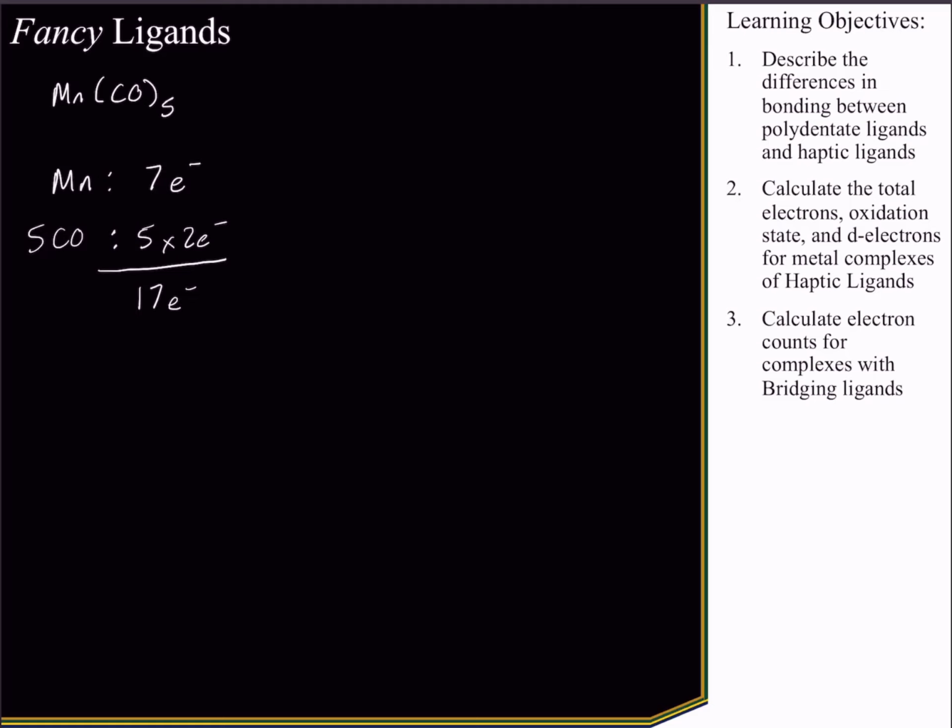And as it turns out, this manganese pentacarbonyl reacts a lot like a free radical, right? So think kind of like a methyl radical. If we had a methyl radical in solution, what would happen? Well, this methyl radical is going to dimerize, meaning we have our manganese, and they are going to react with each other, right?